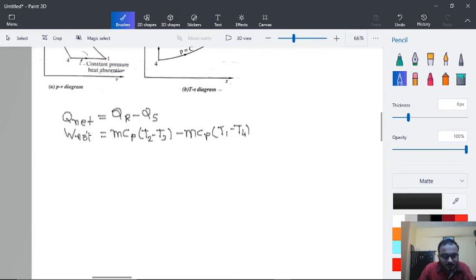Now we will discuss COP. Our desired effect is the cooling effect, or Q supplied, divided by W net.